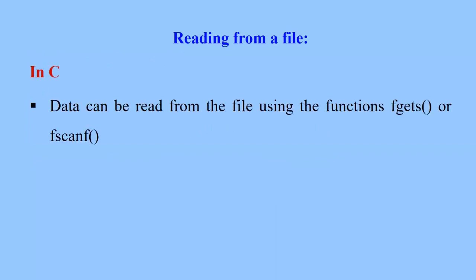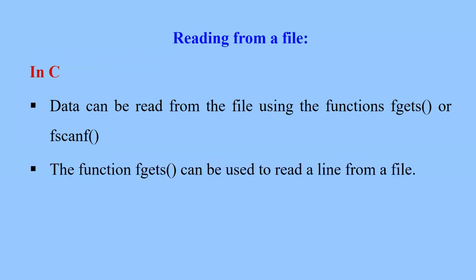How do we read from a file? In C, data can be read from the file using the functions fgets or fscanf. Remember, to identify that we are reading from a file, we just add f to gets that we are used to, or scanf that we are used to when dealing with programs in C. The function fgets can be used to read a line from a file.